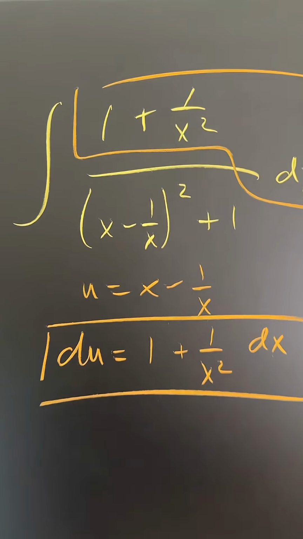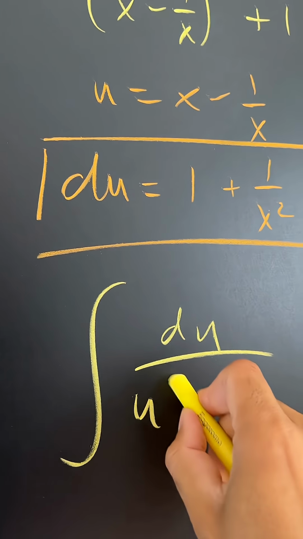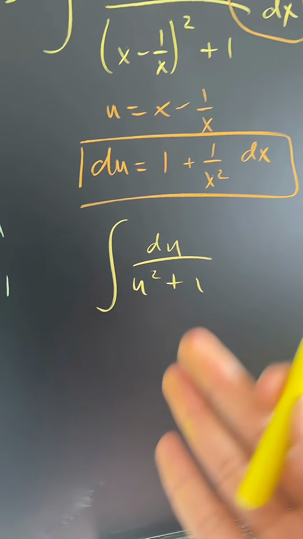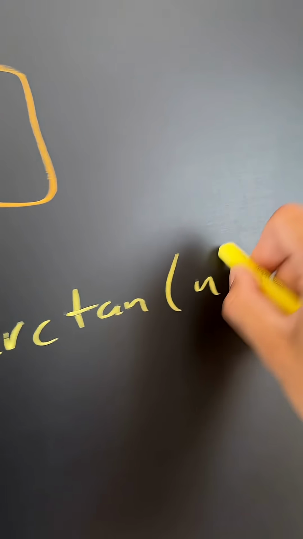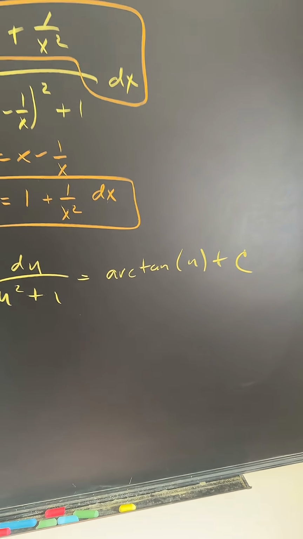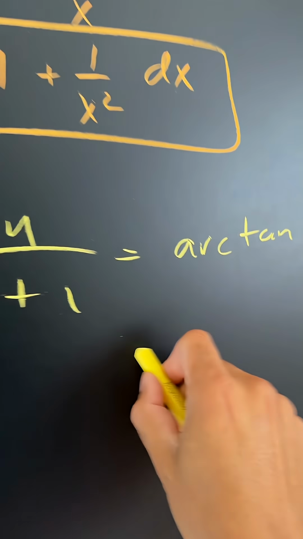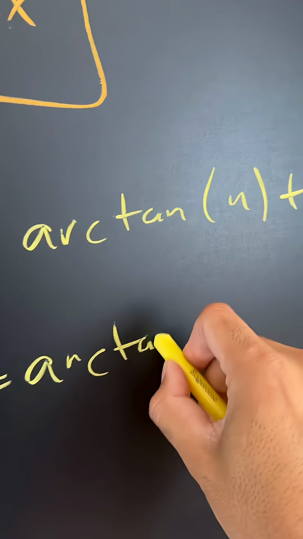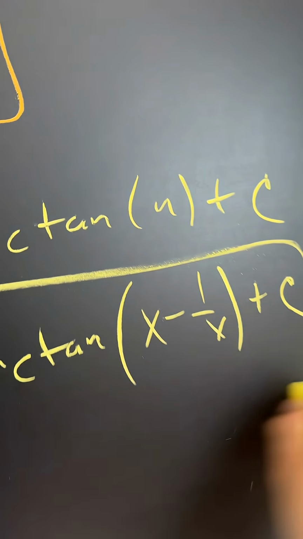So hopefully you're convinced that this integral will become du over u squared plus 1. And now this is a simple arctan integral that gives us arctan of u plus C. Now all we have to do is plug the u value back in so we can rewrite it in terms of x. And we have arctan of (x minus 1 over x) plus C, and you are good to go, guys.